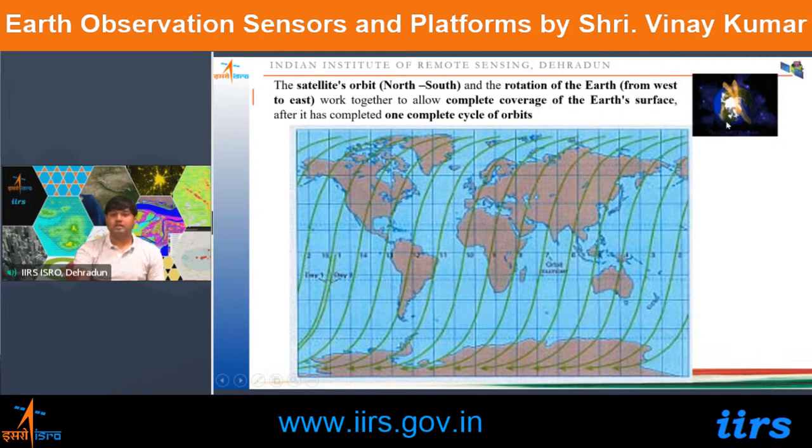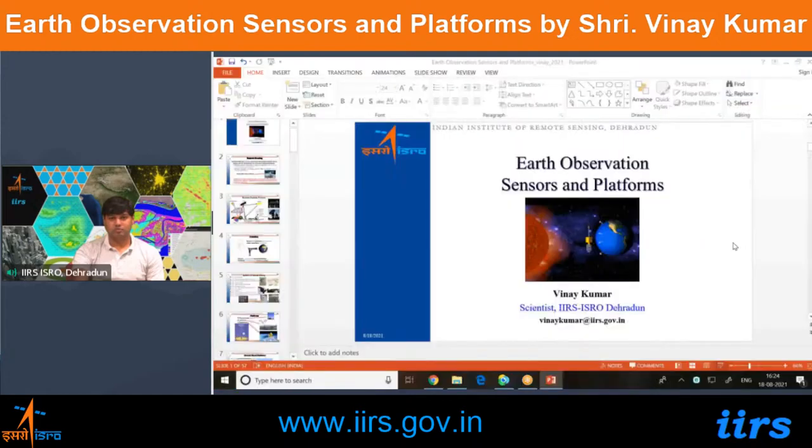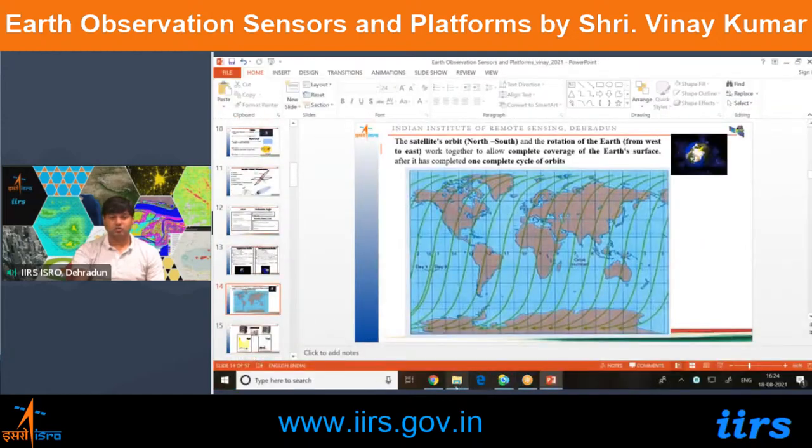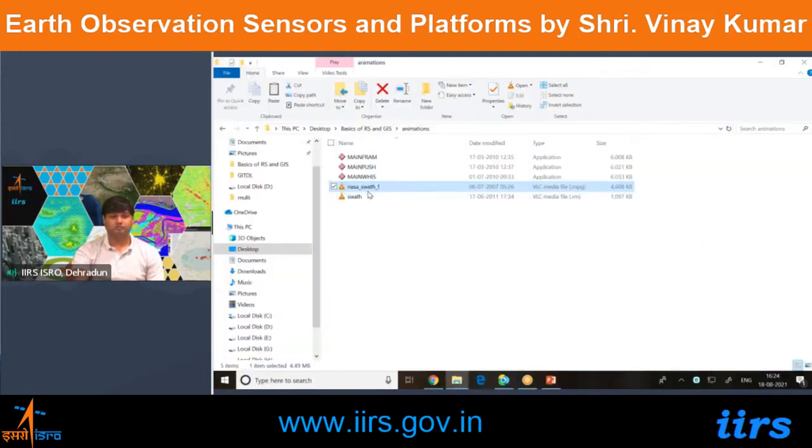So you can see this animation above, how the Earth is getting rotated, and because Earth is rotating and the satellite is revolving from North to South Pole, it is covering the entire Earth data. Now I'll show you the example of swath, how swath is capturing the data, and what swath is and how that is working.